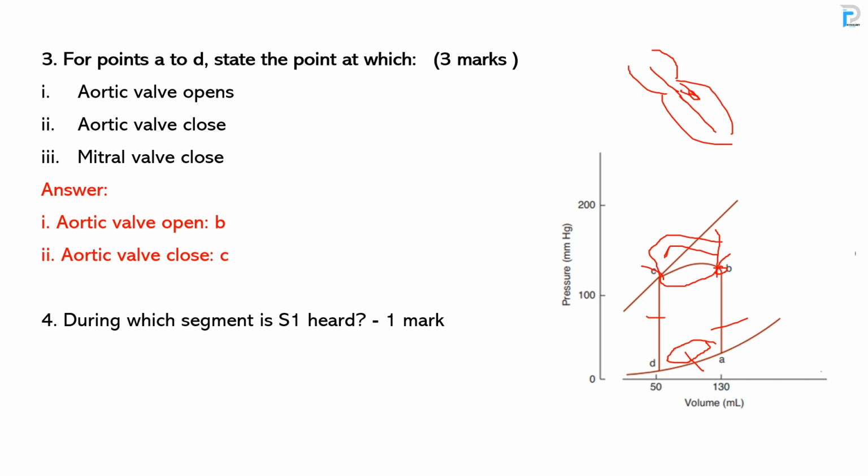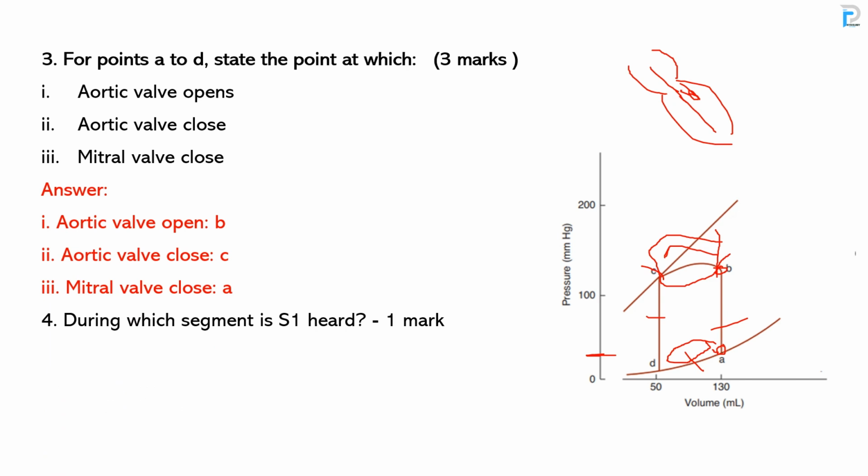You see here the pressure in the ventricle at the end of diastole is getting high, higher than atrial pressure, and that causes the mitral valve to close. This is very important to prevent backflow of blood from ventricle to atrium. So the mitral valve closes at point A.